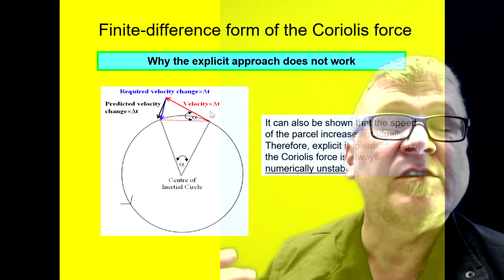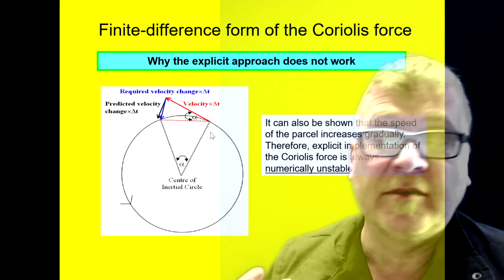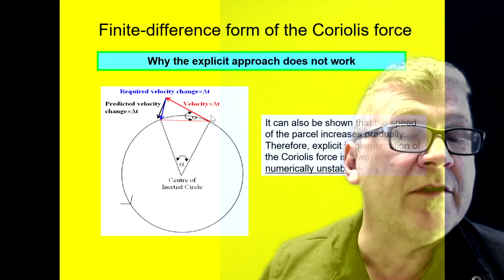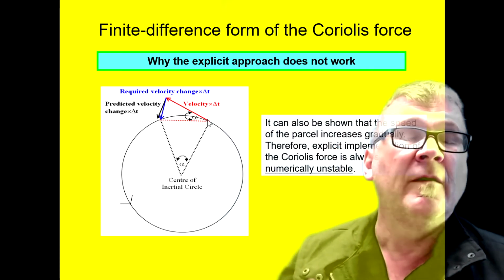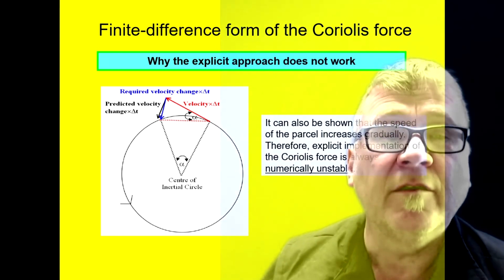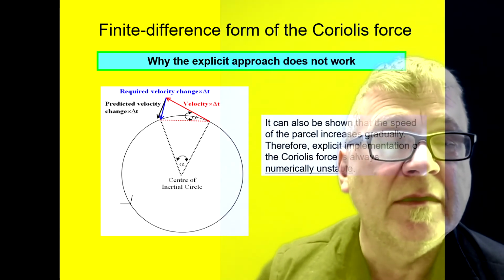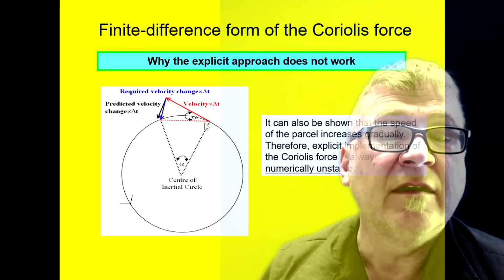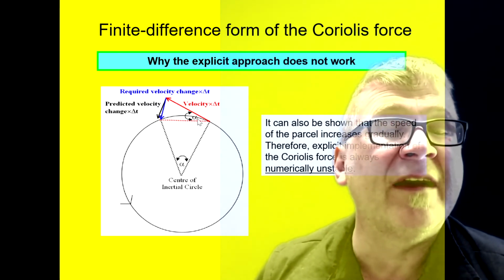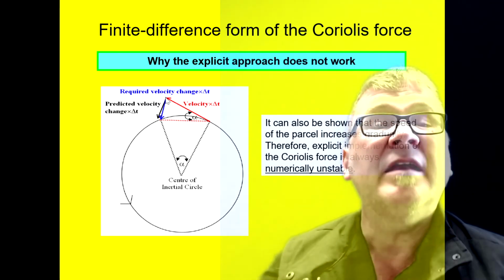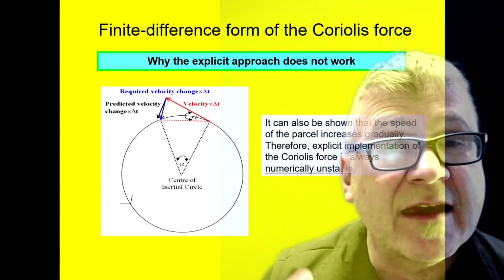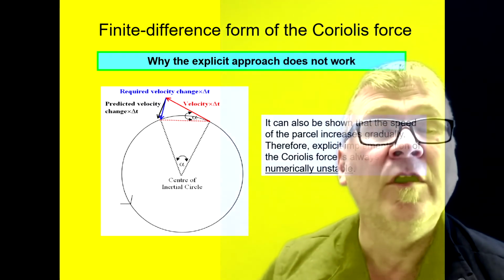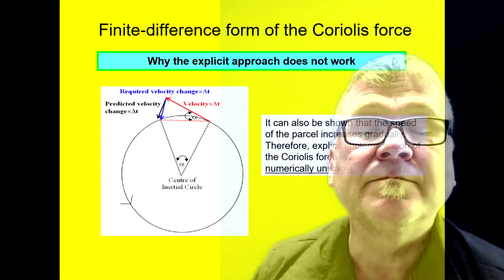You have a velocity times a time step. This is where you start, and you could imagine that you first move your particle along that velocity, along the red arrow, and then you use the Coriolis force, which operates at a right angle to the left, to move it back.